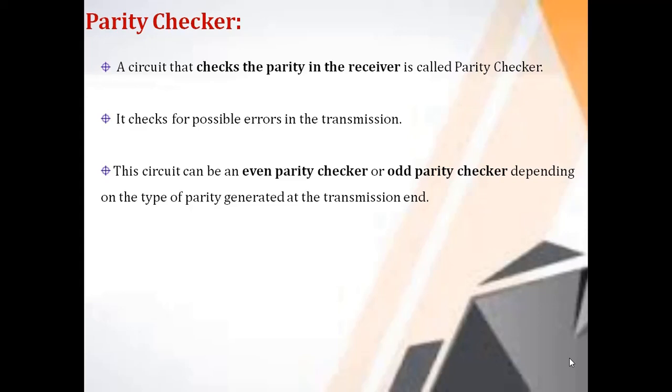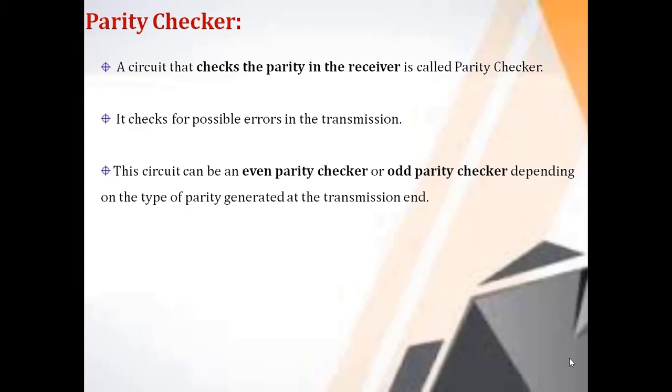Similarly, in the parity generator, we already saw that it may be an even parity generator or an odd parity generator. So listen carefully. If the sender used an even parity generator, the receiver should use what parity checker? Even parity checker.